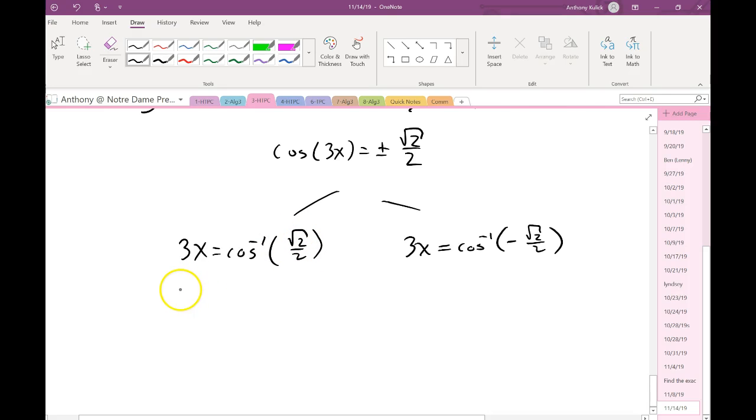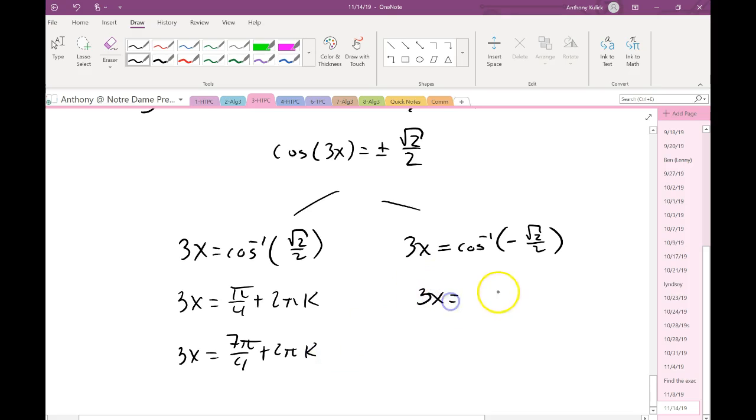So, if I go to my unit circle, cosine inverse is equal to positive root 2 over 2 at pi over 4 plus 2 pi k, and also at 7 pi over 4 plus 2 pi k, and it's equal to negative root 2 over 2 at 3 pi over 4 plus 2 pi k, and also at 5 pi over 4 plus 2 pi k.